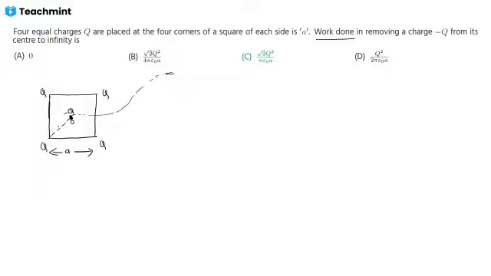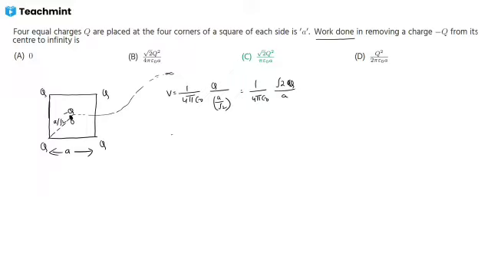As the side is A, the distance from the center to one corner of the square is A by root 2. So the potential at O because of one charge is 1 by 4 pi epsilon naught Q by A by root 2, that is 1 by 4 pi epsilon naught root 2 Q by A.